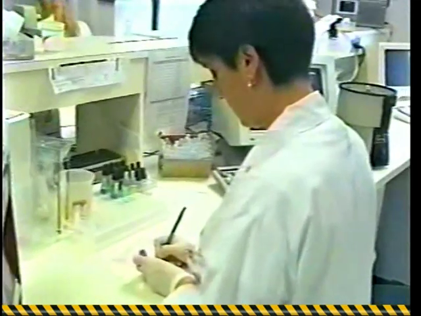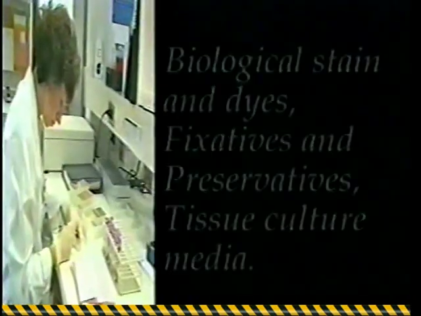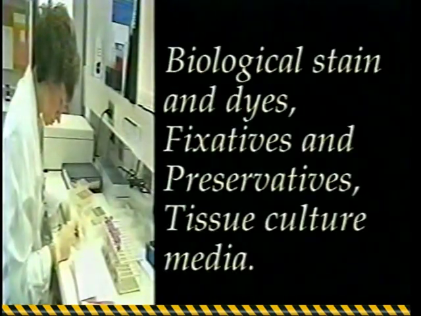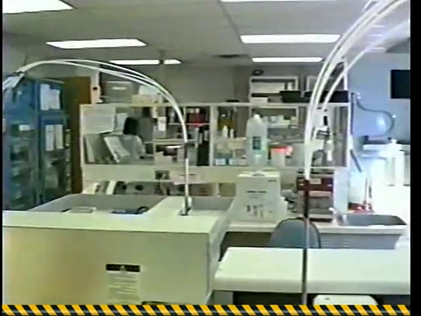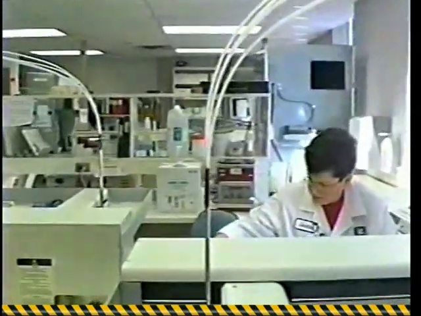Laboratories can house many hazardous substances, such as biological stains and dyes, fixatives and preservatives, or tissue culture media. So under WHMIS, there are special labels that apply to laboratories and no other workplaces.